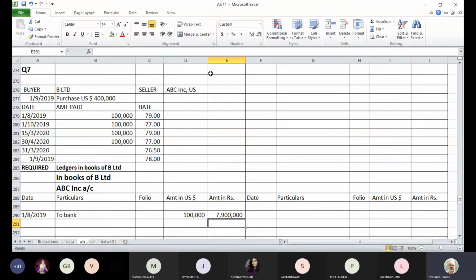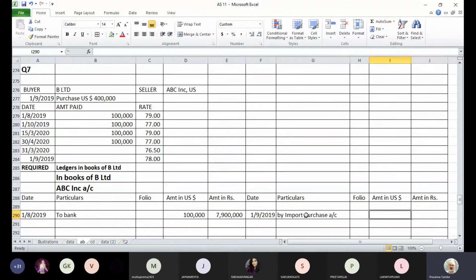Then actual purchase took place on 1st September 2019. So on 1st September 2019, when you purchased goods worth 4 lakh dollars, the rate was 78. The entry will be import purchase account debit to ABC Incorporated account. So ABC Incorporated account will be credited by import purchase account.